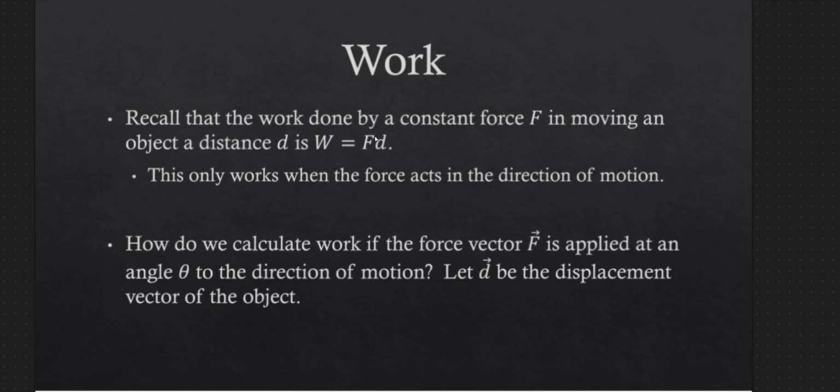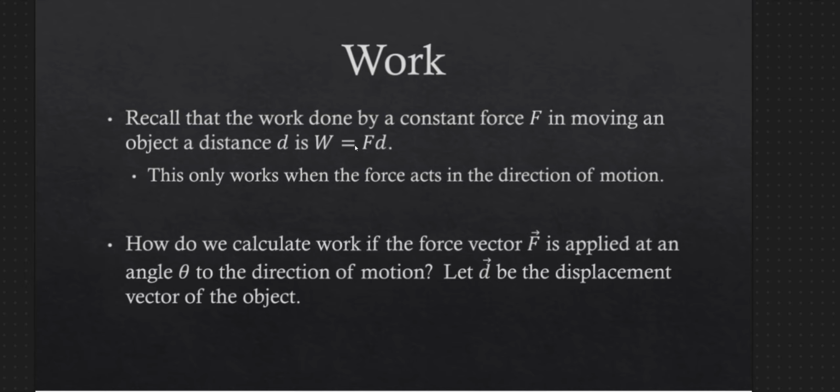If you take the force and multiply it by the distance that it's traveled, so a constant force acting in the direction of motion, and you multiply those two quantities, you obtain a quantity that is measured in terms of energy, and that's the work that it took to move that object that distance.